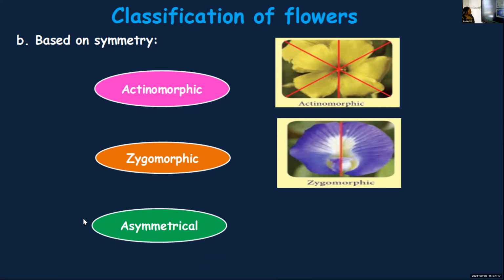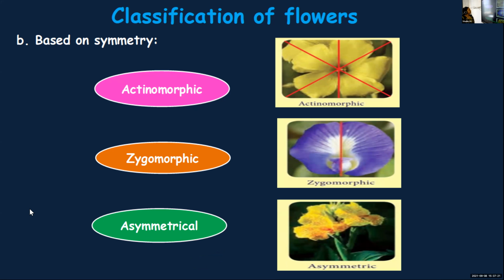Similar symmetry you had seen in the animal kingdom: radial symmetry, bilateral symmetry, asymmetry. Actinomorphic is the same as radial symmetry. Zygomorphic is the same as bilateral symmetry. And asymmetrical means no symmetry. In no way can you divide the flower into two identical halves.